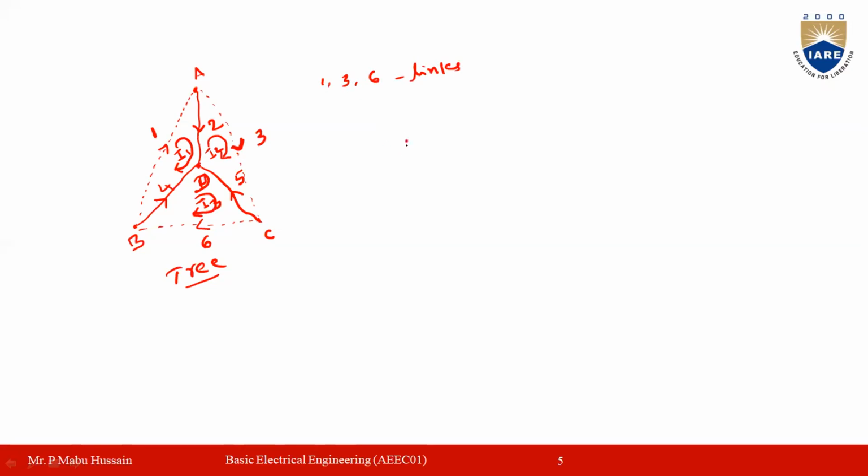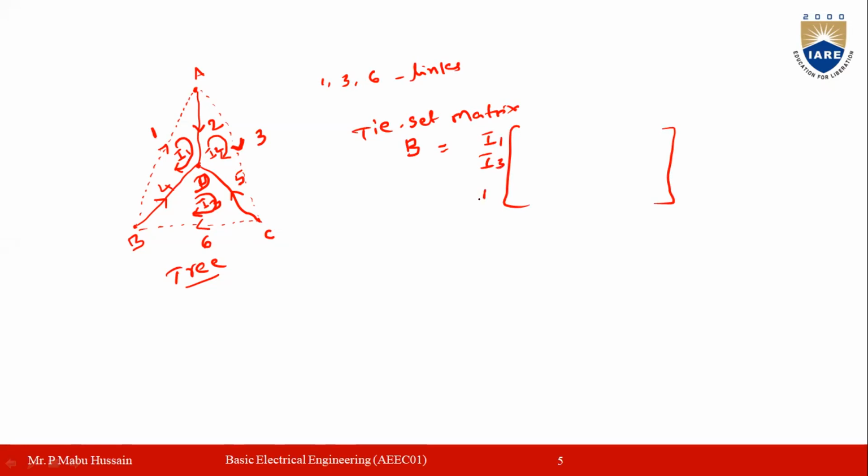Now the tie set matrix. B is equal to, it has an order of link currents. The link currents here are represented as I1, I3, I6, or you can assume the loop currents as I1, I2, I3.